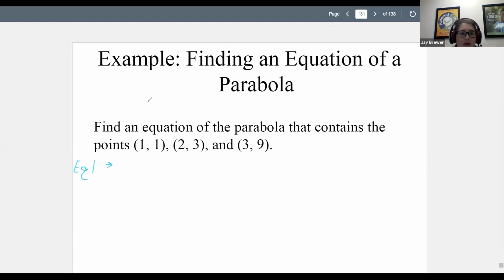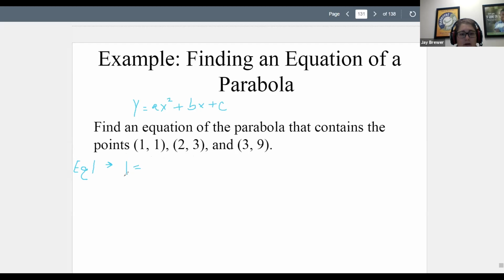So in a regular standard quadratic, we have ax squared plus bx plus c. Okay? We're now going to put in the point (1, 1) and clean it up.